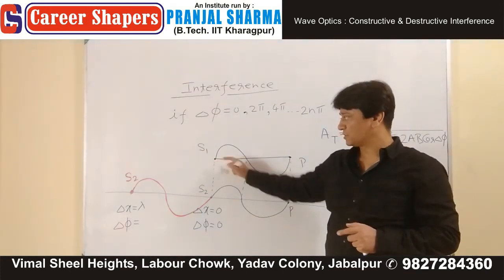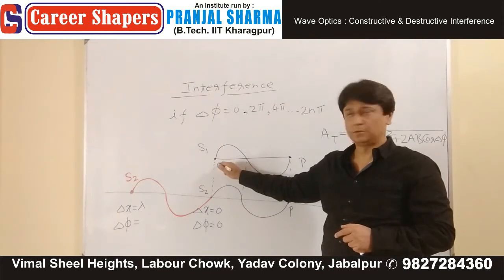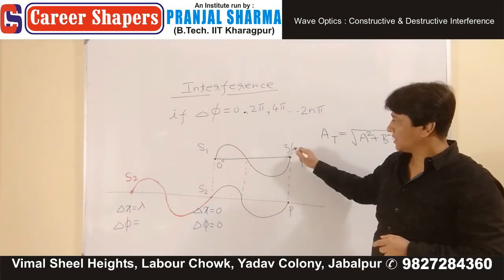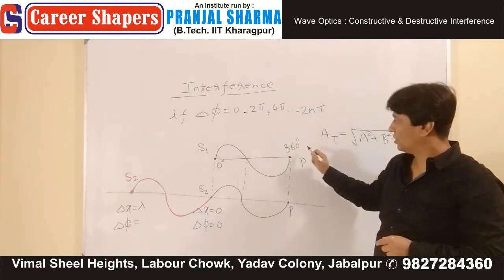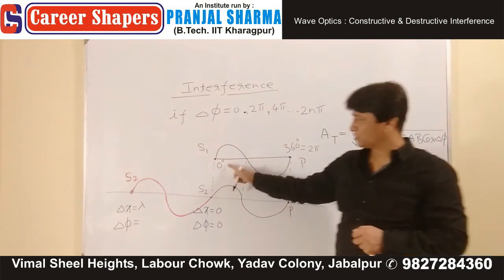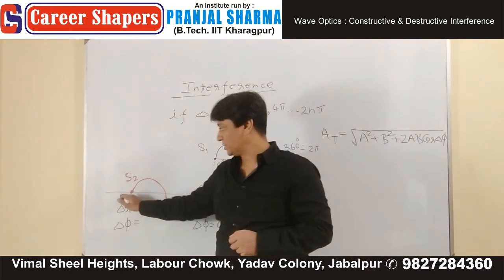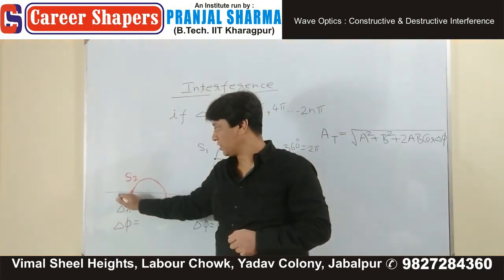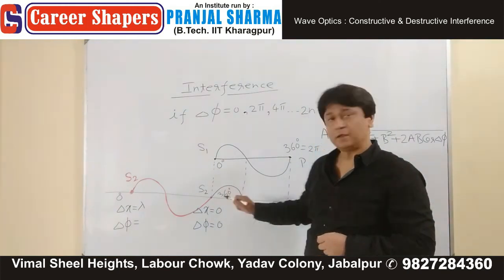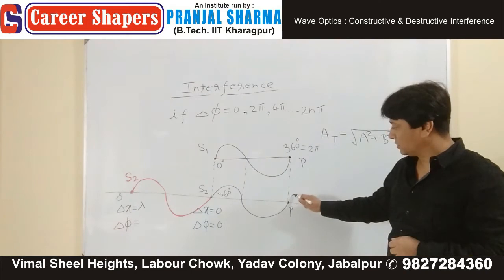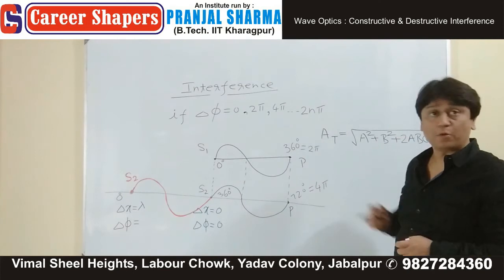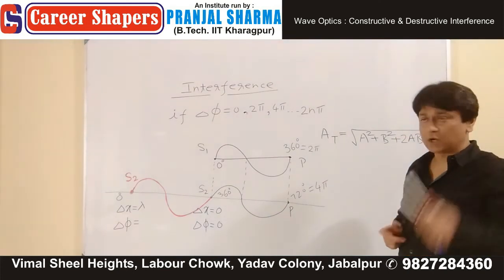Suppose phase at this point is 0 degree, then phase at this point is 360 or 2 pi. This will be 720, or 4 pi.